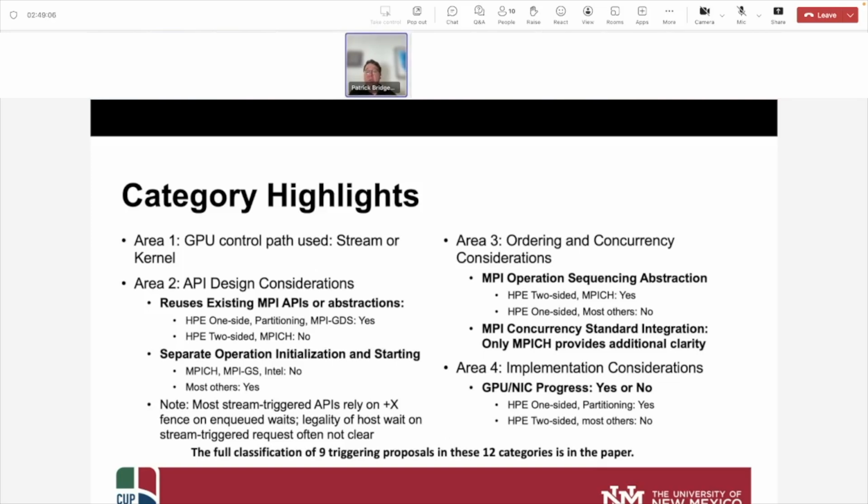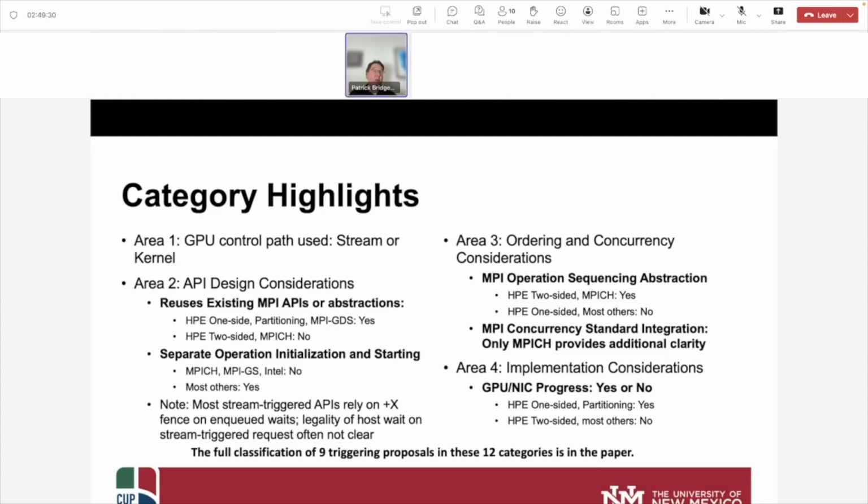Only the MPICH proposal was very careful and thorough on exactly what the concurrency specifications were, what it did in terms of concurrency with other MPI operations. So if you want to think about what this looks like, if I enqueue two MPI sends to a stream on a communicator, right?